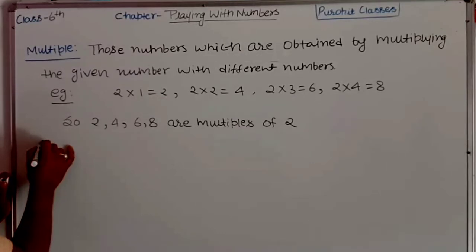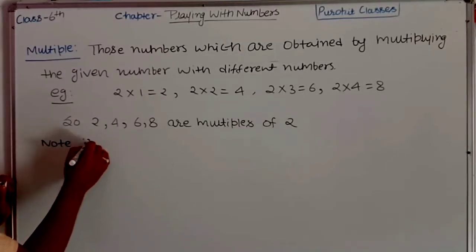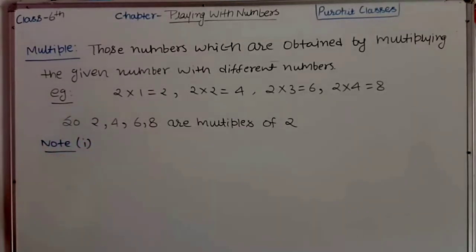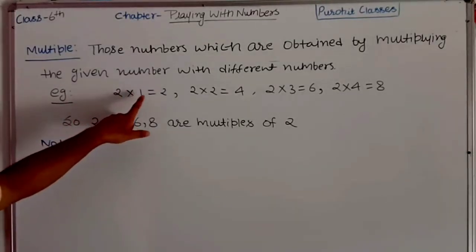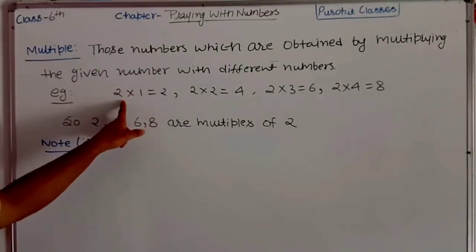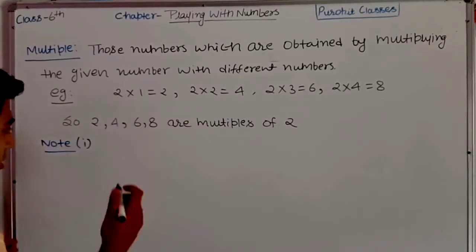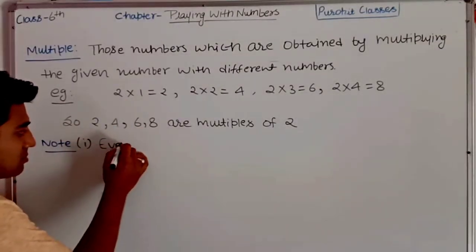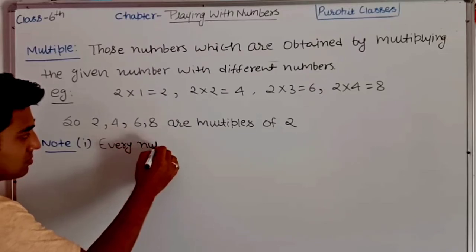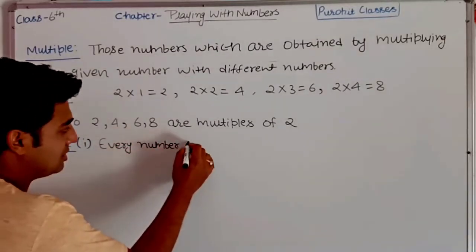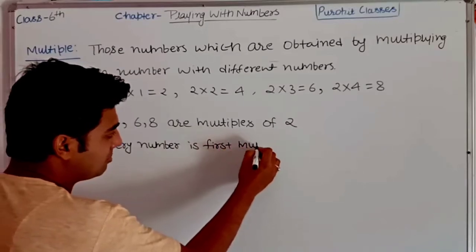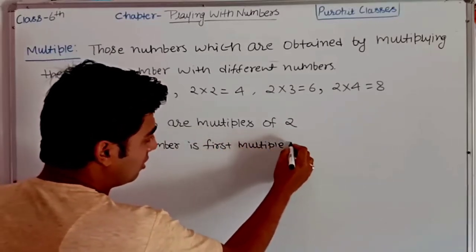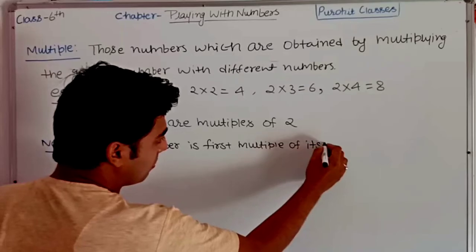Now there is something which we have to note and understand very carefully. First one is, if we are taking multiples of 2, then 2 is also a multiple of itself, isn't it? So every number is the first multiple of itself.